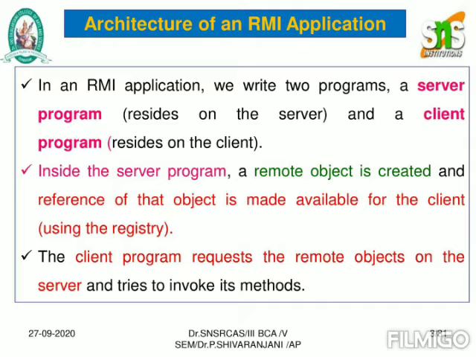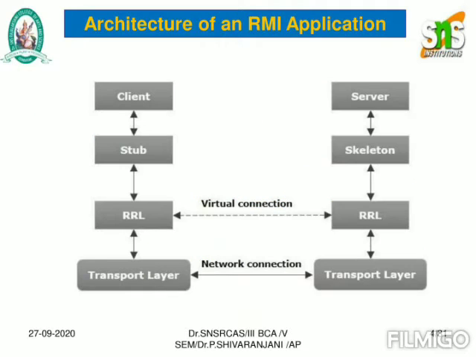Inside the server program, a remote object is created, and a reference to that object is made available to the client using the concept called the registry. The client program requests the remote object on the server and tries to invoke its method. This is the architecture of the RMI application.